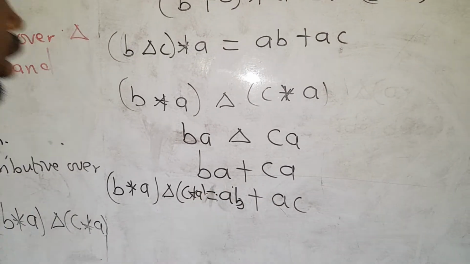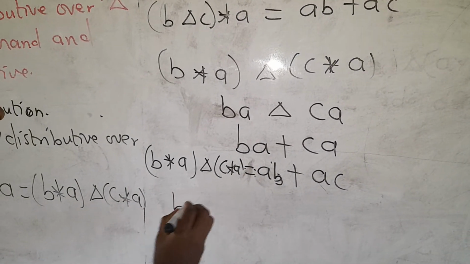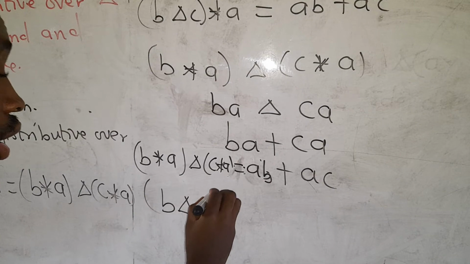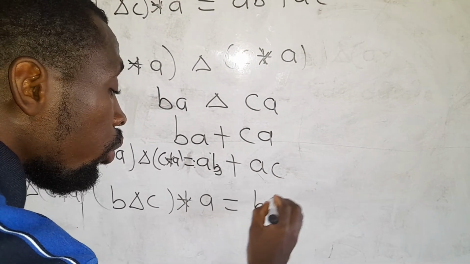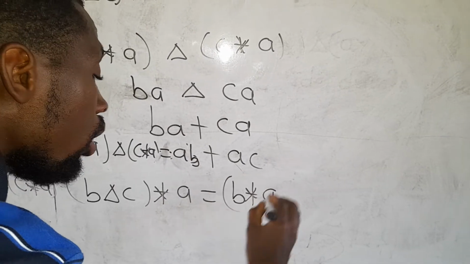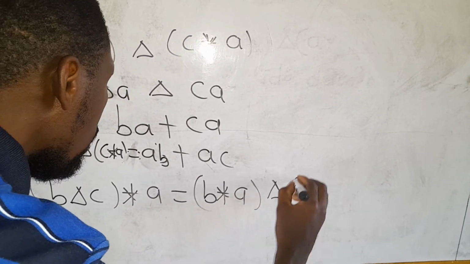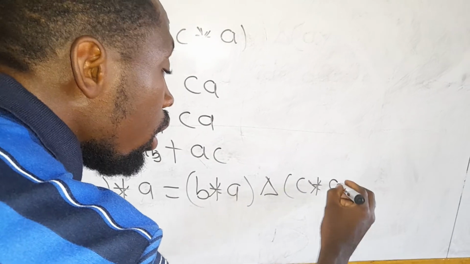So we can say that (B delta C) star A is equal to (B star A) delta (C star A).